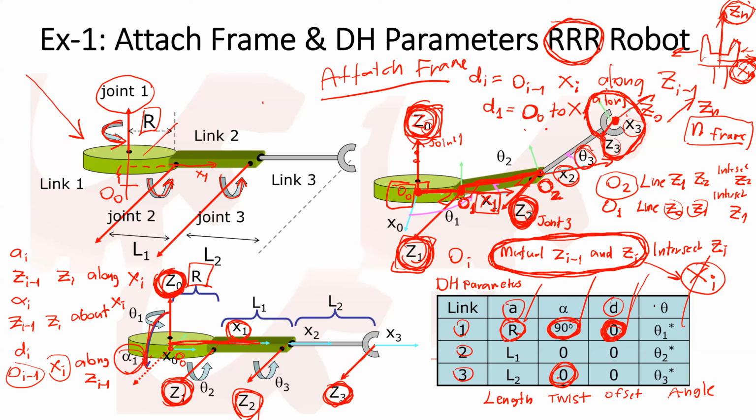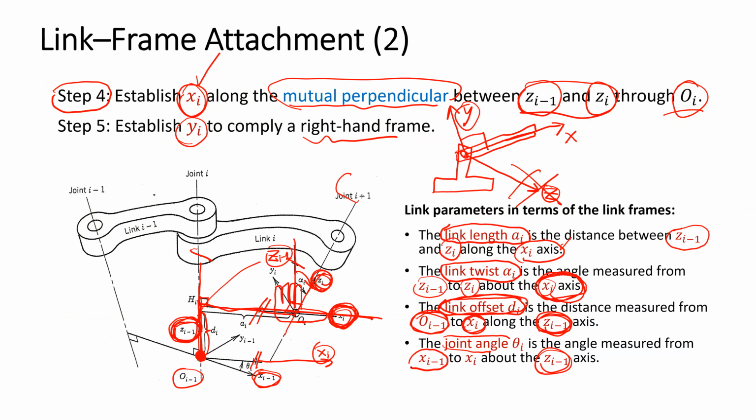The final one is the joint angle. The joint angle is the angle difference between x(i-1) and xi about the axis C(i-1).